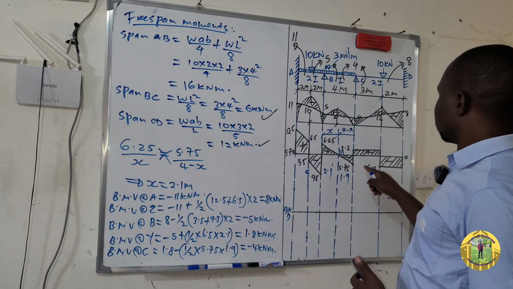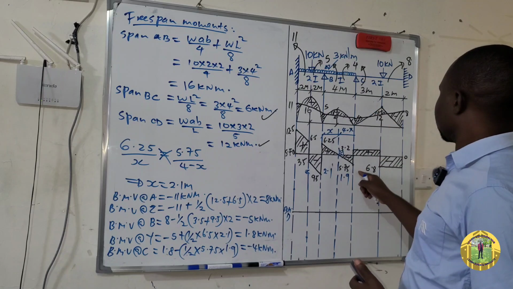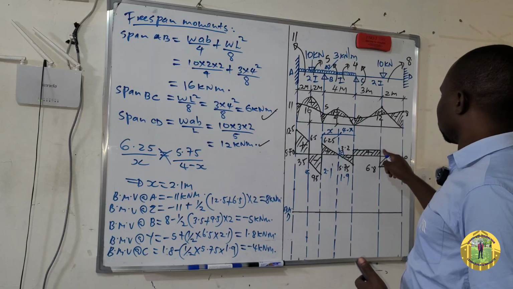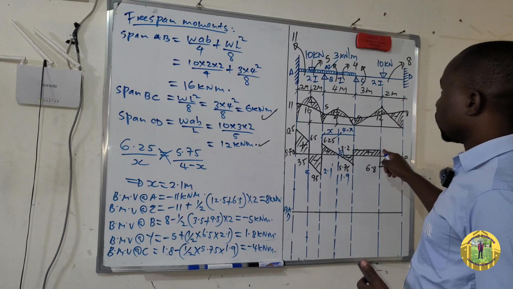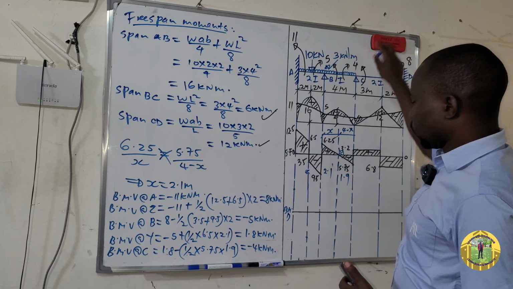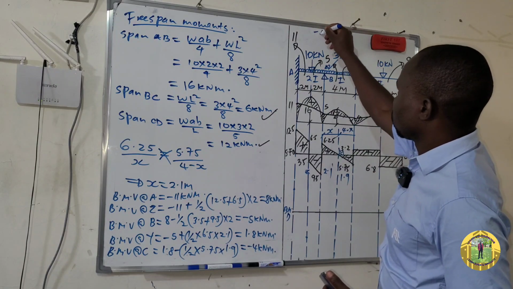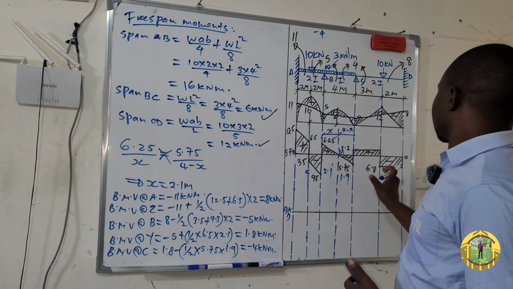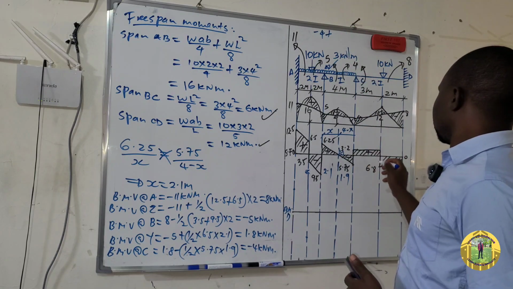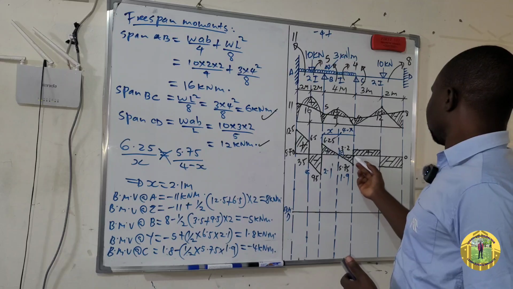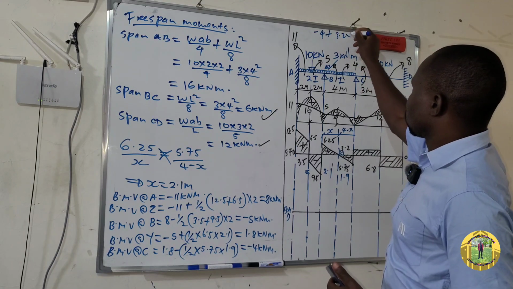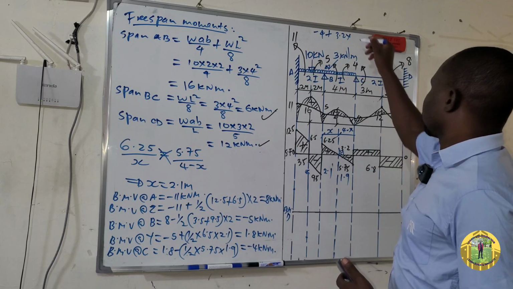And then bending moment, we are at C. Bending moment at where we have 10 kilonewton, you will take negative 4, then plus this area, which is from here to here, is 3.2 times from here to here is 3.